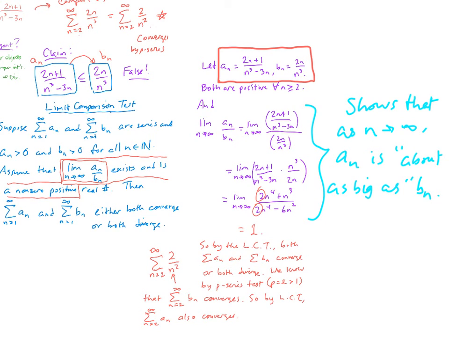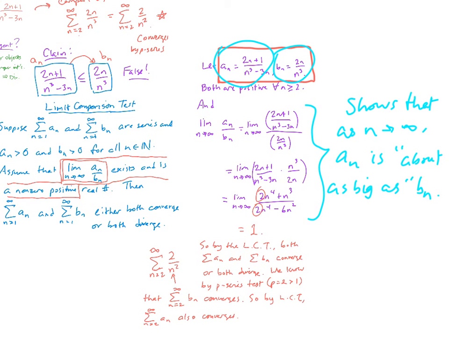If the ratio of two things is about 1, you think those two things have about the same size. So if they have about the same size and one of these series converges, then you should expect the series of these also to converge. And that's not a mathematical proof. The proof you would find in a course like real analysis, but I hope that it's at least somewhat persuasive here.